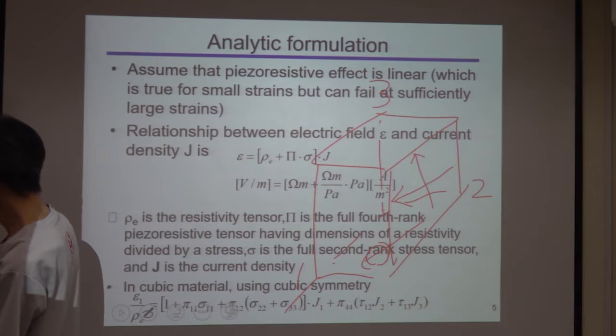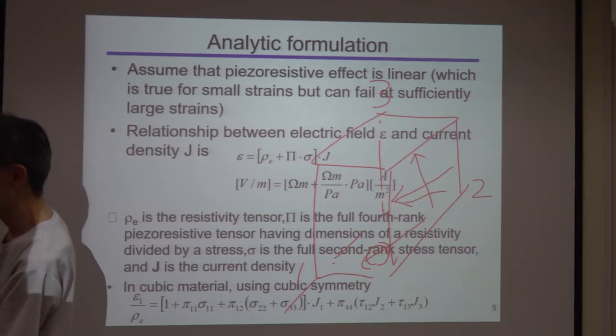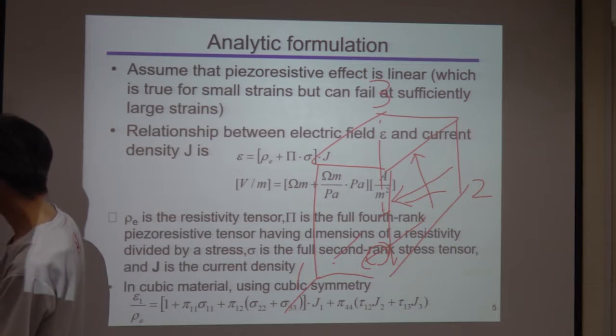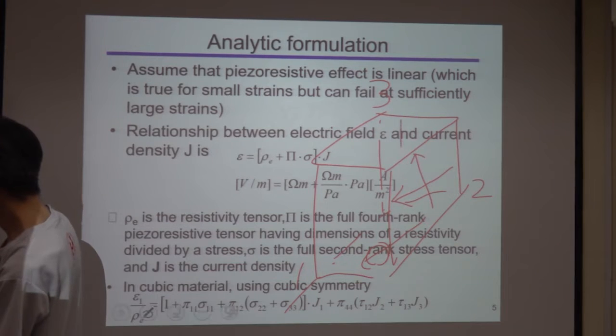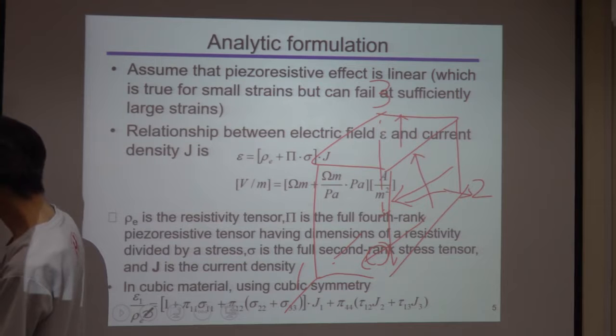Okay. Go back, please. Draw sigma 3, 3. Okay. Sigma 2, 2. Okay, thank you.